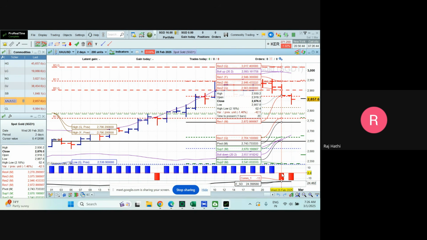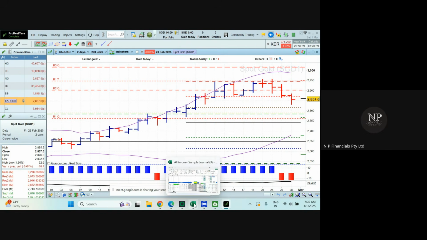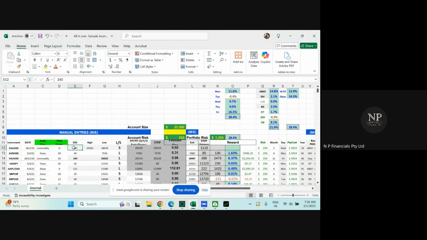So 243. So that is the 243. ESD. Then our next job is to type in the high and low.